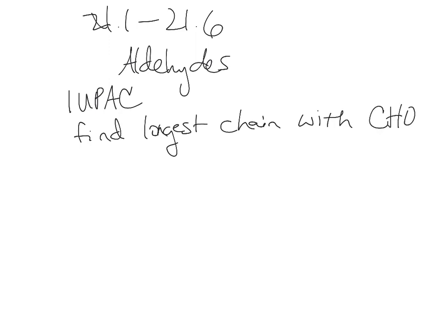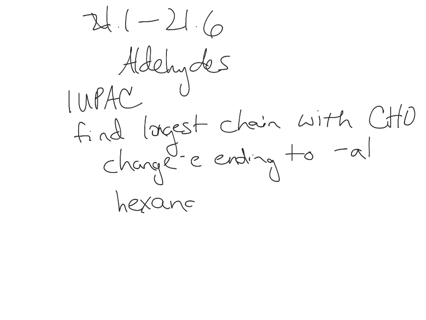And you're going to change the E ending to AL. So hexanal would be a 6-carbon chain with an aldehyde at the end. There's your hexanal.